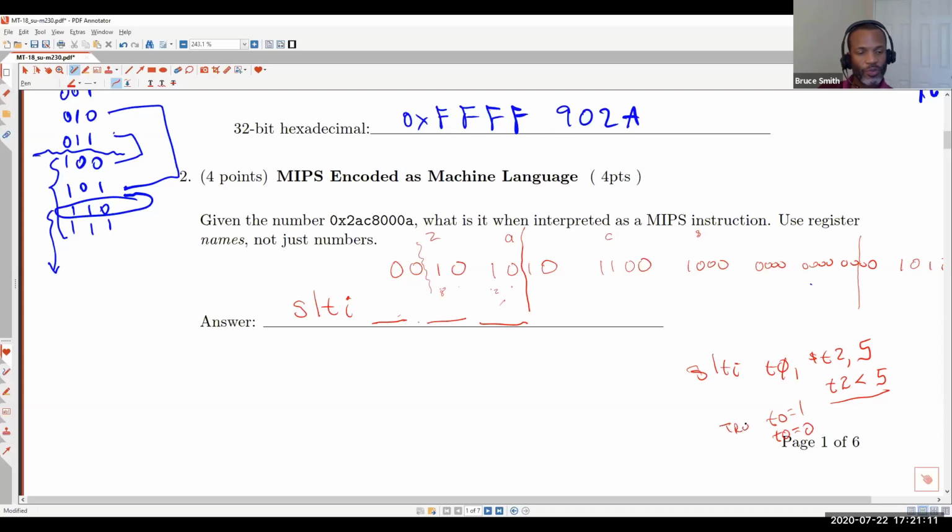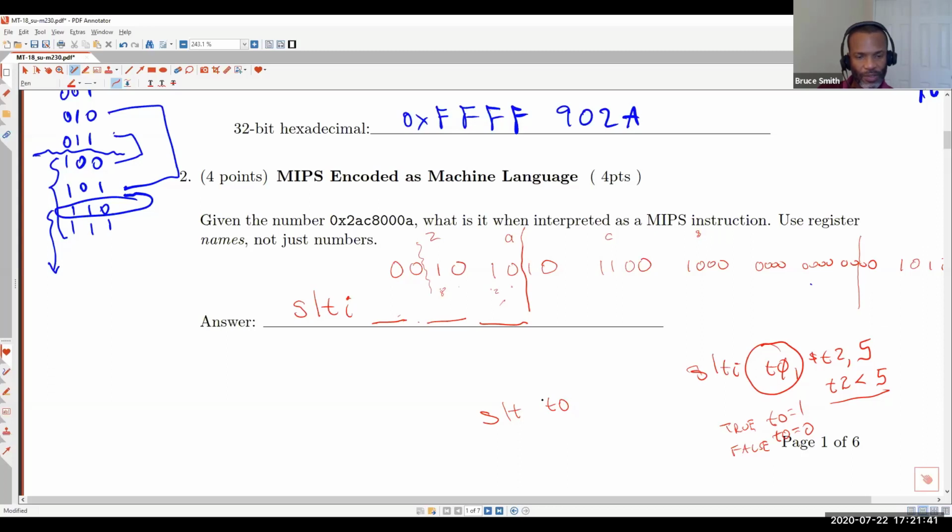So if it's true, it gets set to the true value; if it's false, it gets set to a false value. So that's how this works: if T2 is less than the 5.